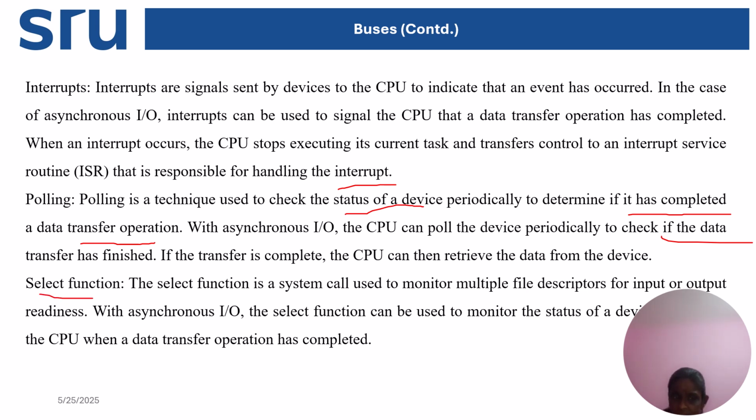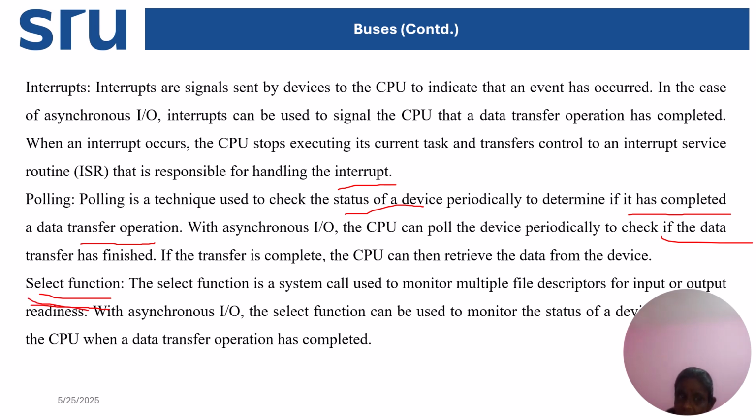And next one, select function. As I have told you already, with multiple devices, to know which device is calling, the select function is used. With synchronous IO, the select function can be used to monitor the status of the device which is asking for the CPU.